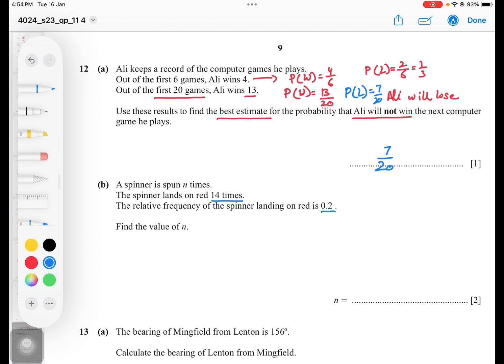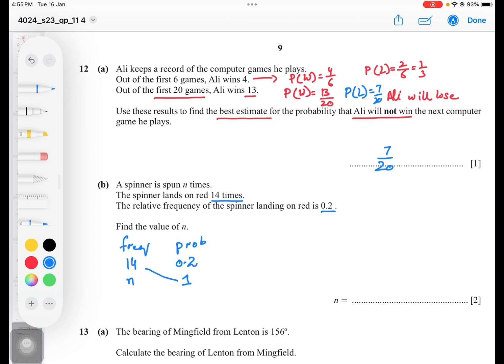You can do this question by applying the formula of relative frequency directly, but in a simple way you can also do that. You can also solve it with frequency and probability. So if the frequency is 14, the probability is 0.2, and the total probability is 1, so I'll keep it here as n.